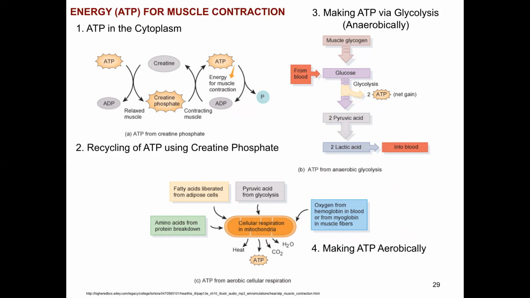But then in the second place, some of that ATP that has been converted to ADP can be recycled by drawing phosphate off of this other protein called creatine phosphate. All right. So creatine phosphate, when a muscle is relaxed, creatine is becoming creatine phosphate.